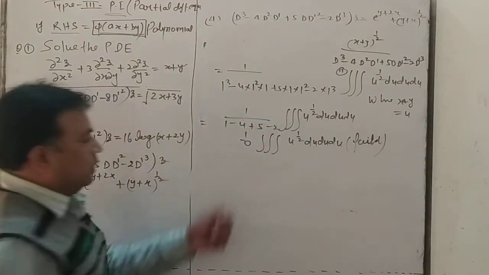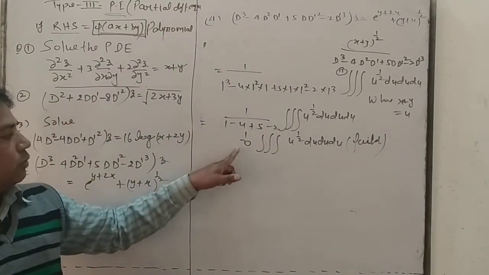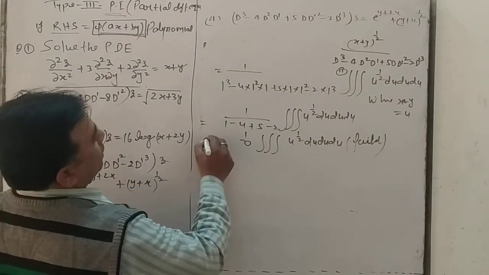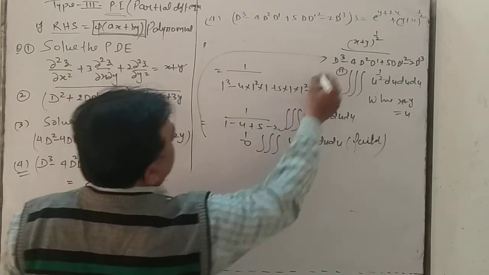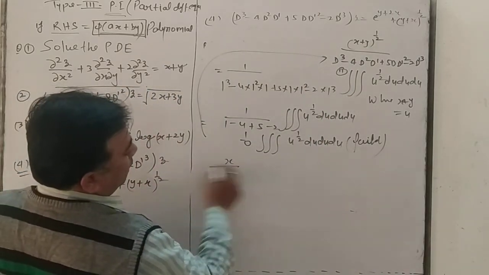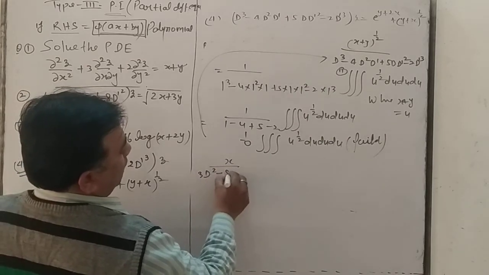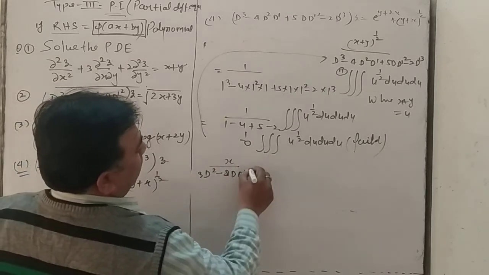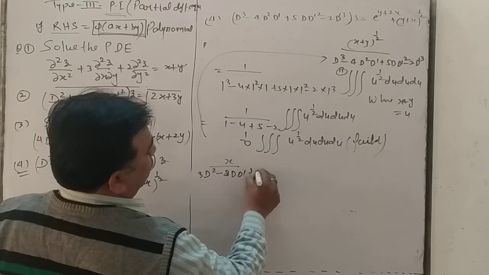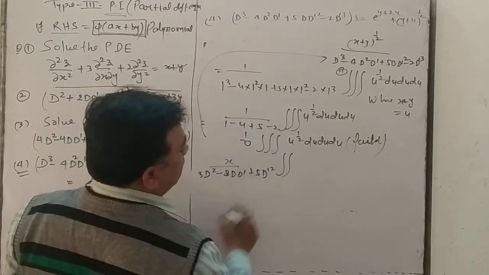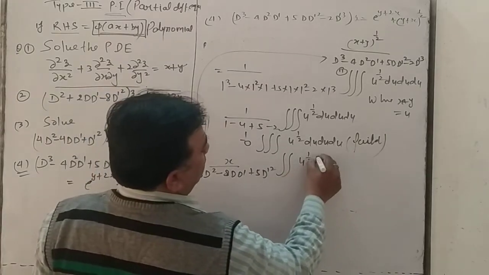The denominator should not equal 0, but the denominator is 0, so it fails. Again we take the numerator multiplied by x and differentiate the denominator: 3D squared minus 8D D dash plus 5D dash squared, removing one integration sign: u to the power 1/2 du.